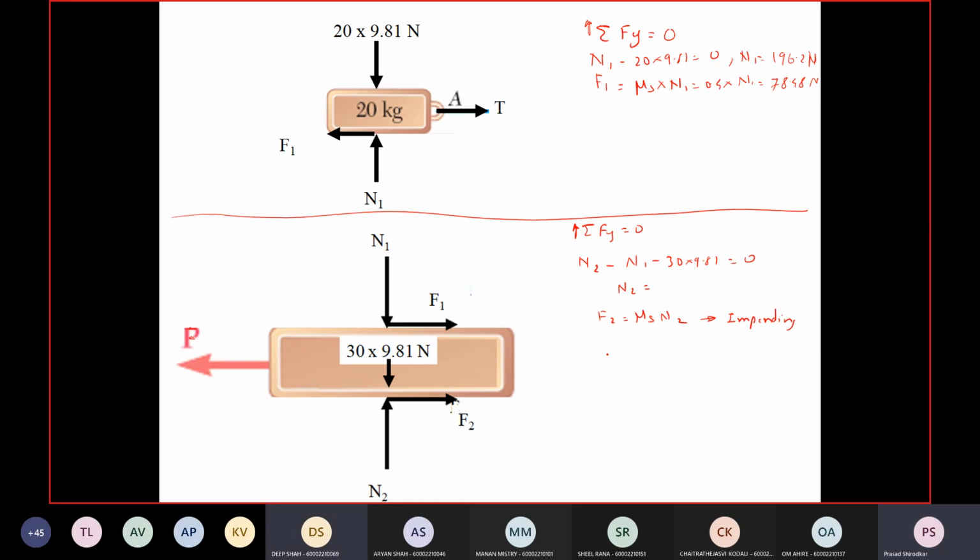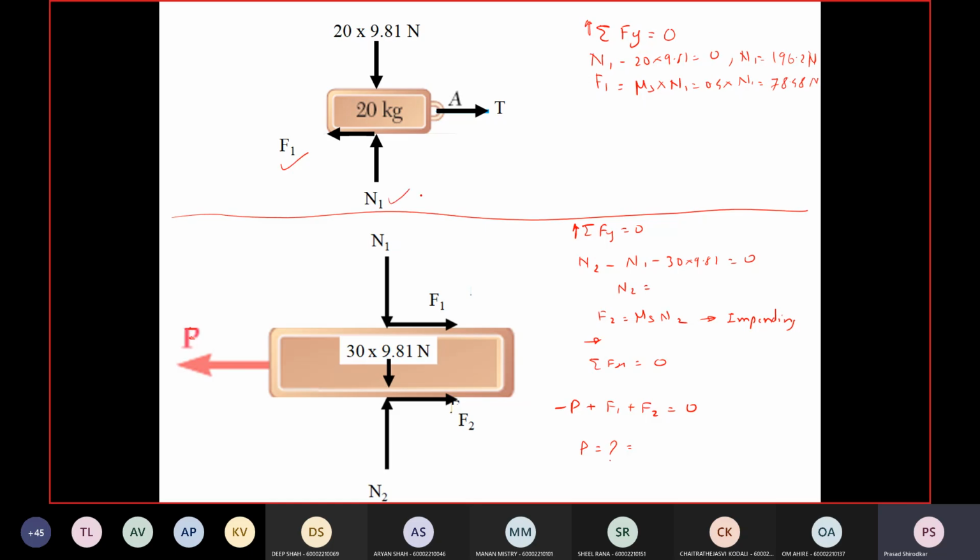And summation Fx is equal to 0. So with right hand side positive, I will get minus P plus F1 plus F2 is equal to 0, and that will give me P. I hope you are following the technique of how to draw the free body diagram.